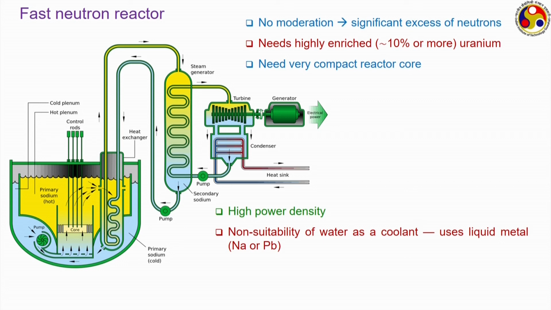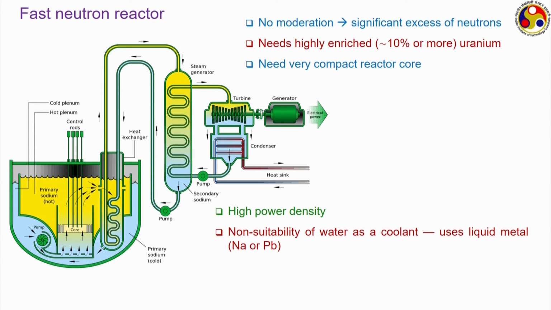And also, because of such large number of neutrons, and the prompt neutron lifetime being quite small, the rate of power production is very high, and that is why water is not capable of carrying that amount of energy. We have to use some kind of highly conductive coolant, something like liquid metals such as sodium or potassium.